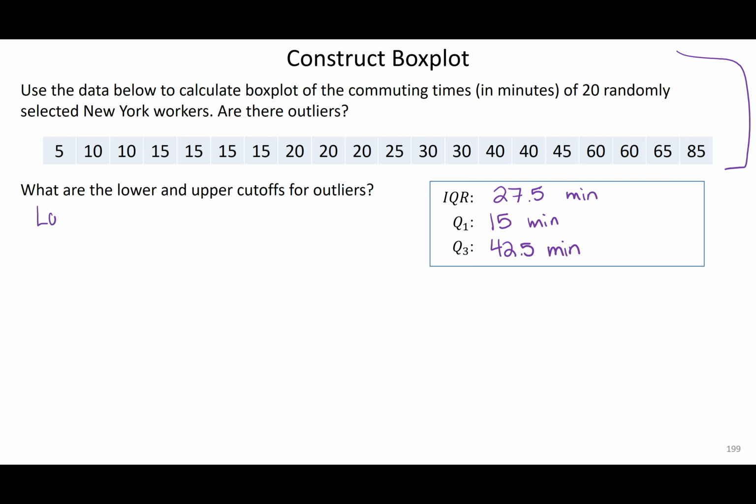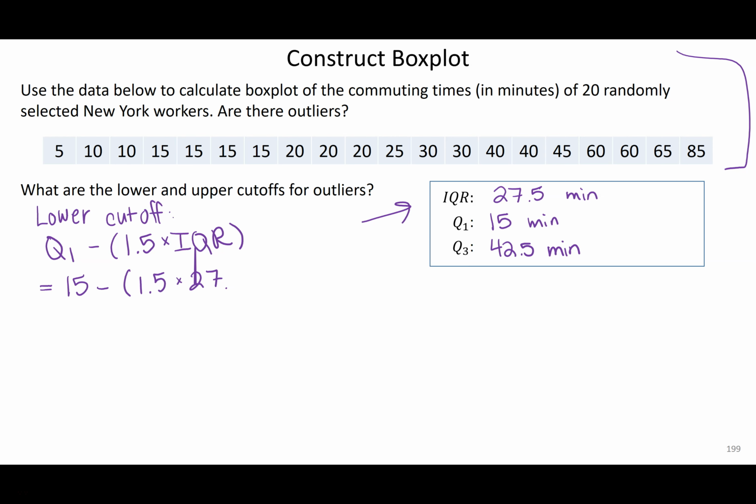I'm going to start with my lower cutoff. That'll be Q1 minus 1.5 times IQR. So I'm just going to plug everything in from right here. 15 minus 1.5 times 27.5. Right off the bat, I know this is higher than 15, so this is going to go negative.